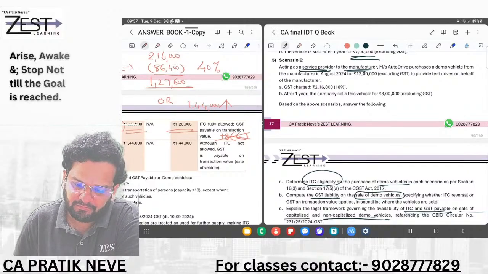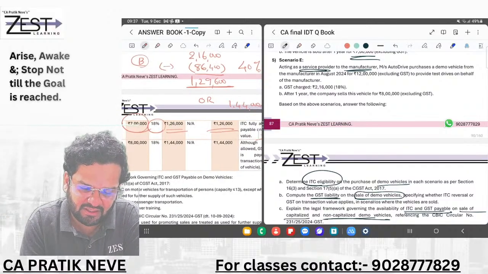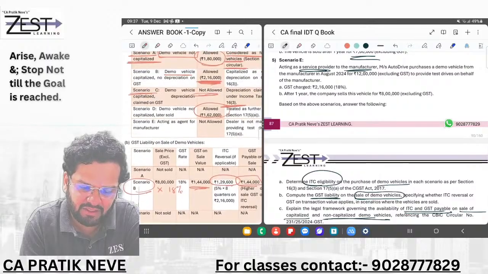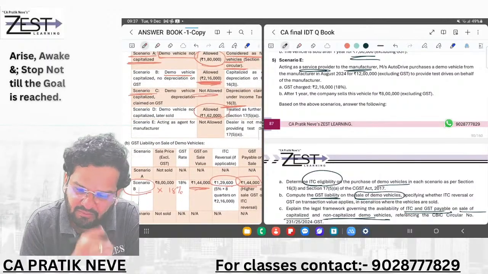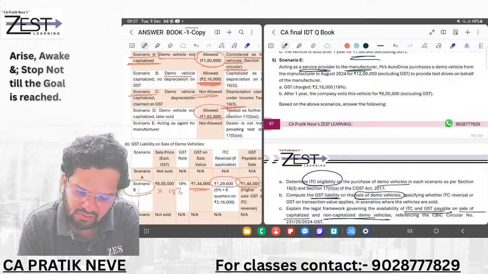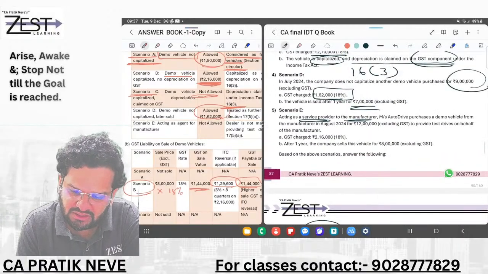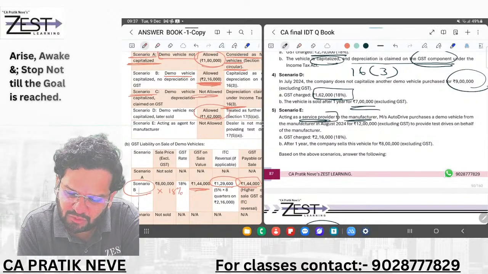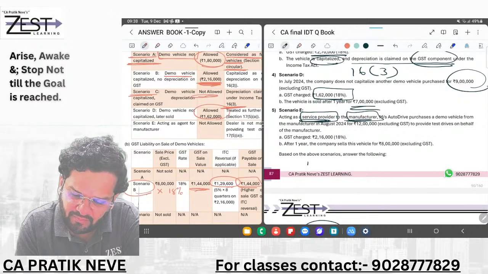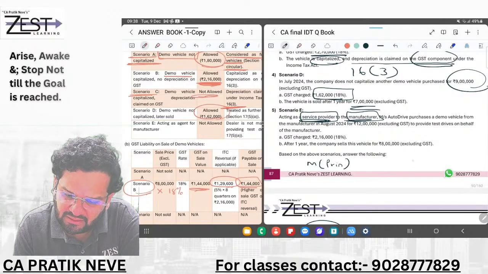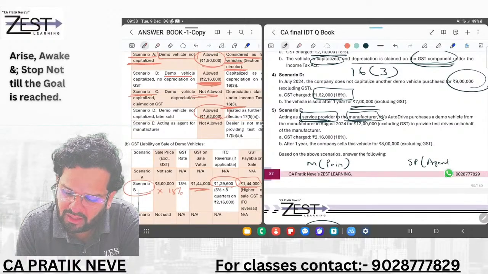So in short, in scenario E, acting as service provider to manufacturer means manufacturer is principal and this service provider is nothing but agent.